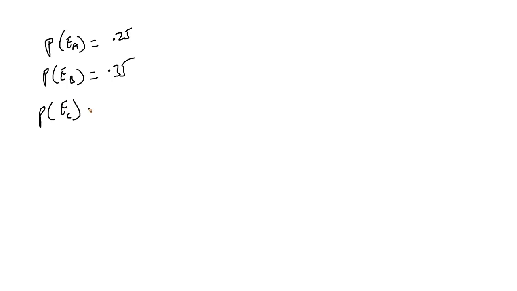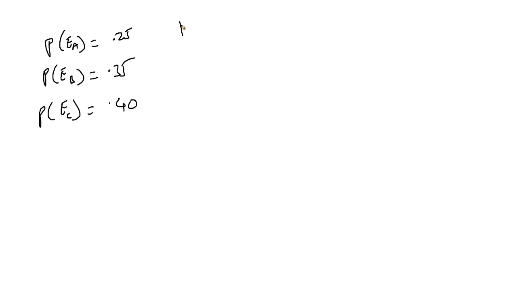So what you have here is that the probability of the event happening from machine A is 0.25, right? The probability that a bolt is manufactured by machine B is 0.35, and the probability that the bolt is manufactured by machine C is 0.40.